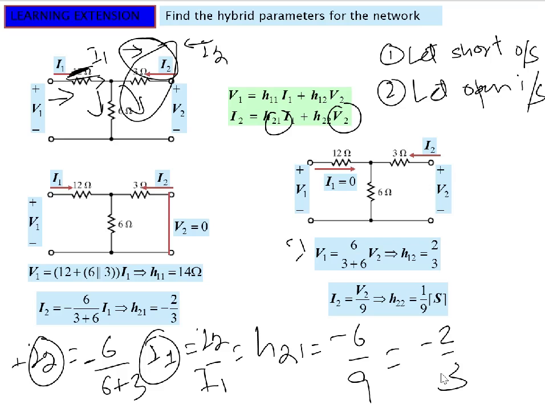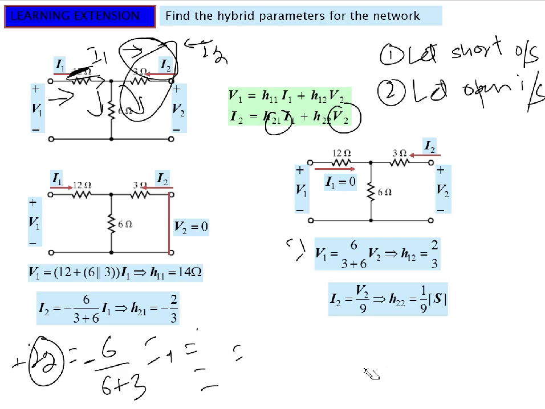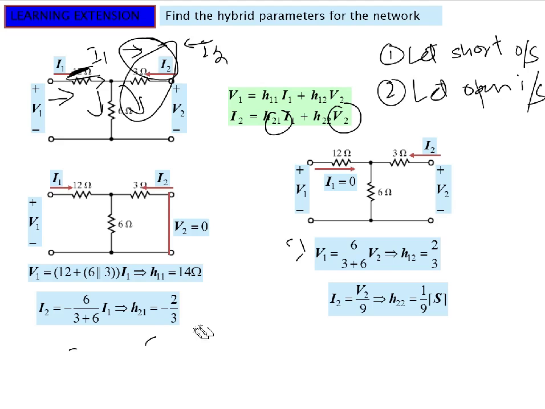So let's remove this thing so that we can accommodate our third relation for H12. So H12 and H22 are basically saying that we should make I1 equal to 0.